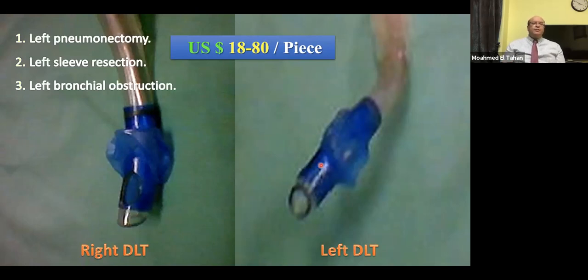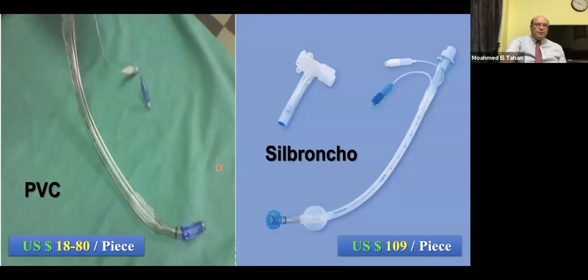The right side tube has limited indications nowadays: left pneumonectomy, left sleeve resection, and left bronchial obstruction. We are usually using polyvinyl chloride tubes. However, there is one more efficient but more expensive tube, which is the Silbroncho with a reinforced distal tip and silicone-based tube.